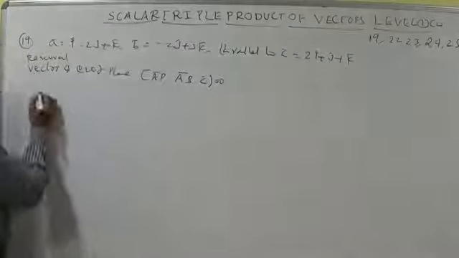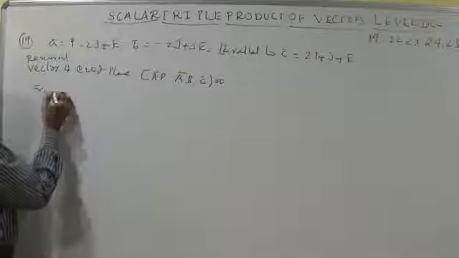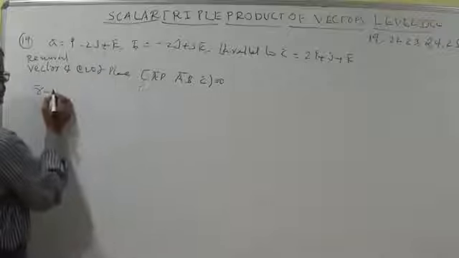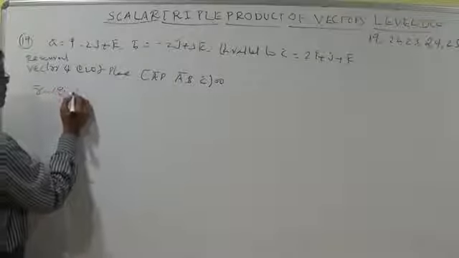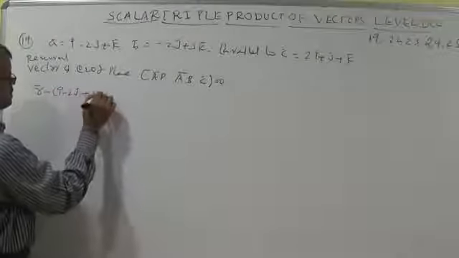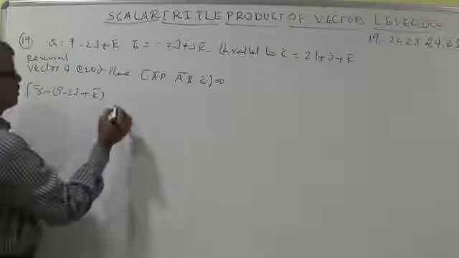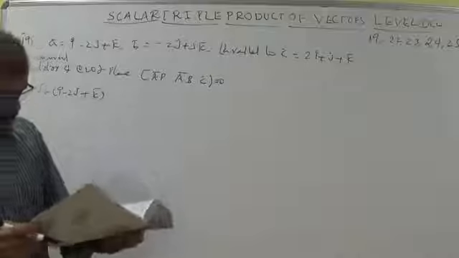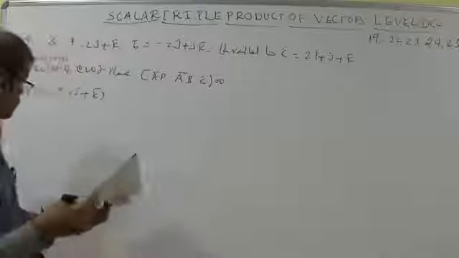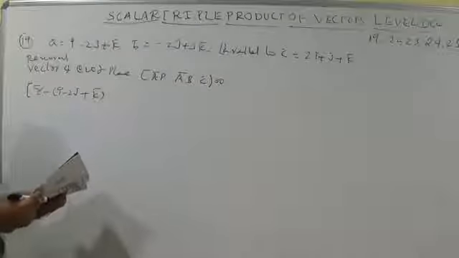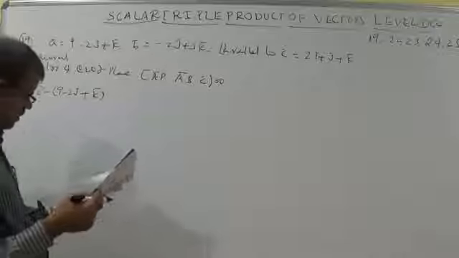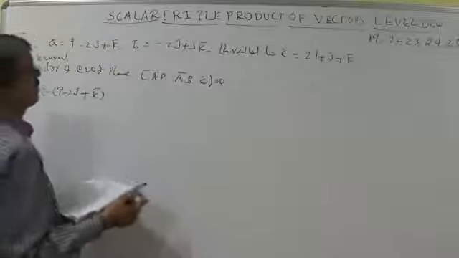So box AB means R bar minus A bar. This is R bar minus, you write i minus 2j plus k. Put the box. According to the options, for every option he given R bar minus i minus 2j plus k.